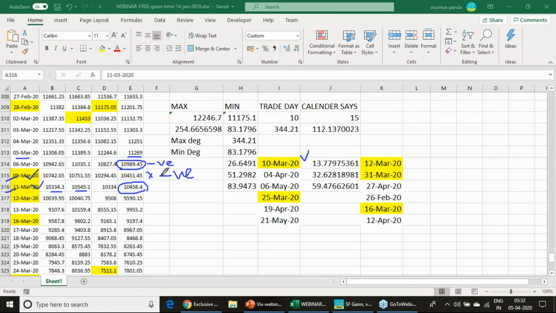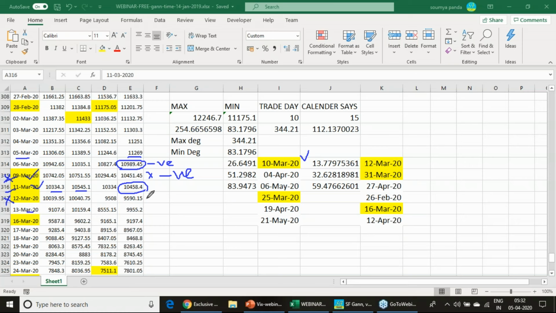We got a negative closing on 9th March, and 11th was range bound. So we can expect a positive opening or positive closing. 12th also did not work. So the two trend reversal dates in the initial part of the month did not work. Now coming to my next trend reversal date, which is 16th. For that I need to examine what happened on 13th.